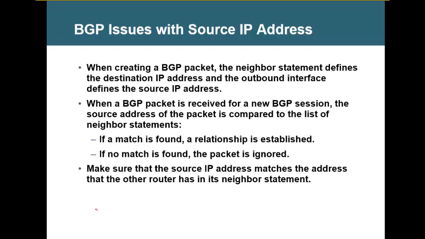See, when a BGP packet is received for a new BGP session, the source address of the packet is compared to the list of neighbor statements. What does that mean?